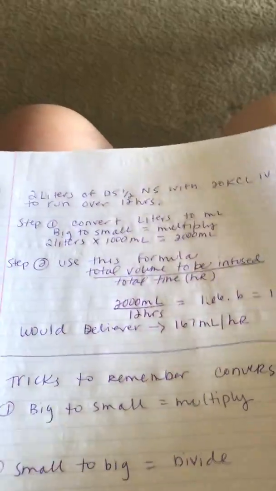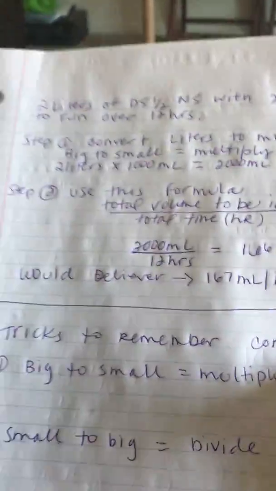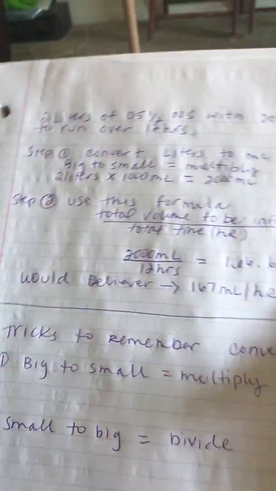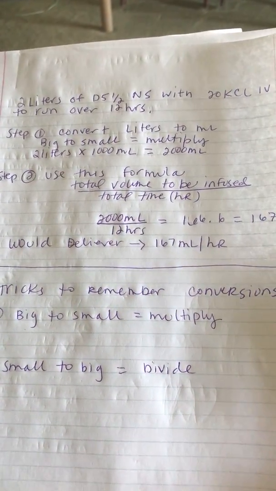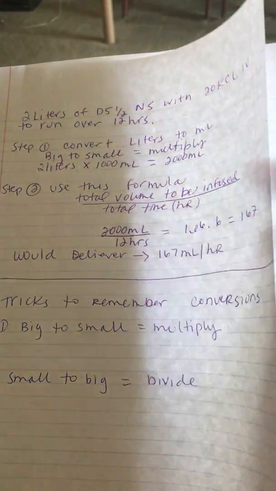And then here's the math problem. Let me get a little bit closer for you guys here. Please comment below to let me know if this is clear enough for you to see here.